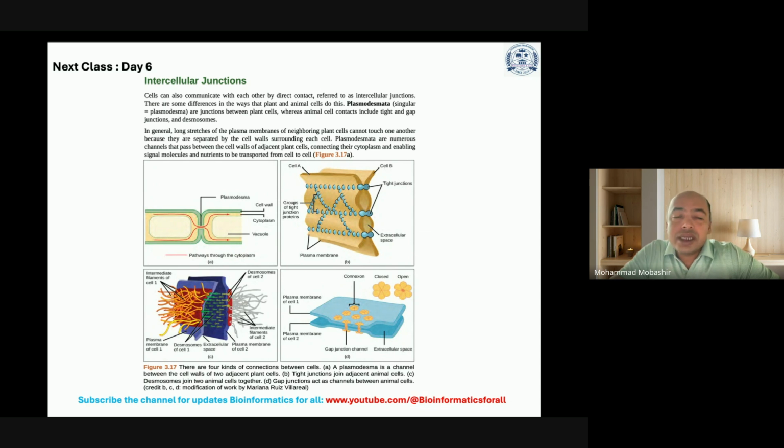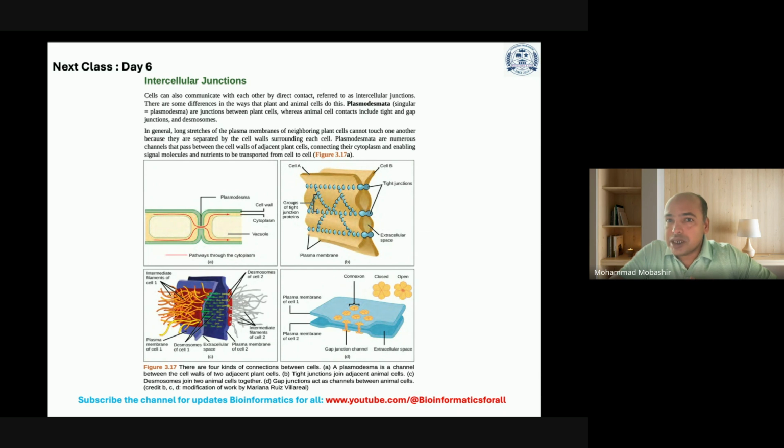So here there are some junctions, called intercellular junctions. Cells can also communicate with each other by direct contacts, referred to as intercellular junctions. These junctions are of different types. In plant cells there are different junctions, and in animal cells different junctions.